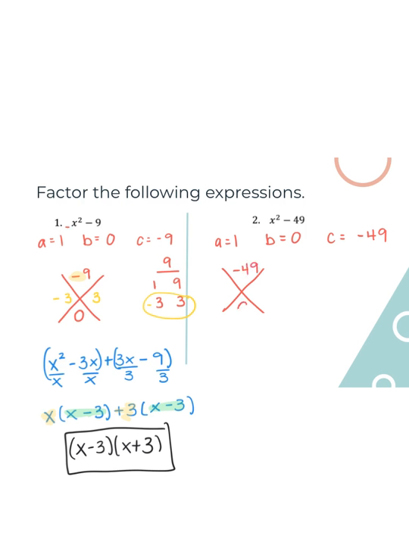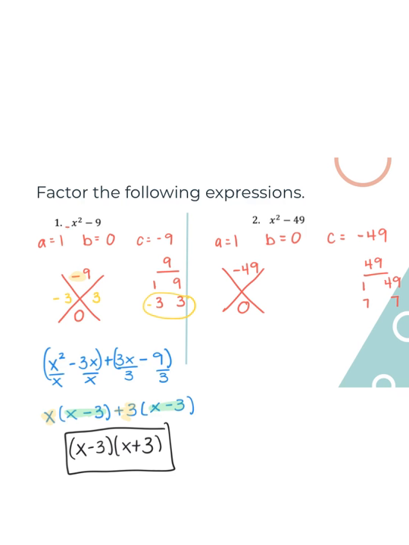And my B term is a 0. So I'm finding all my factors of 49. So I know that 1 and 49 and 7 and 7 go into 49.